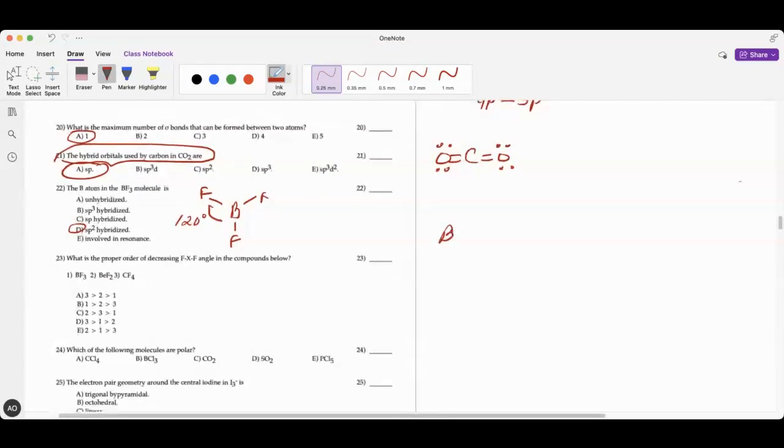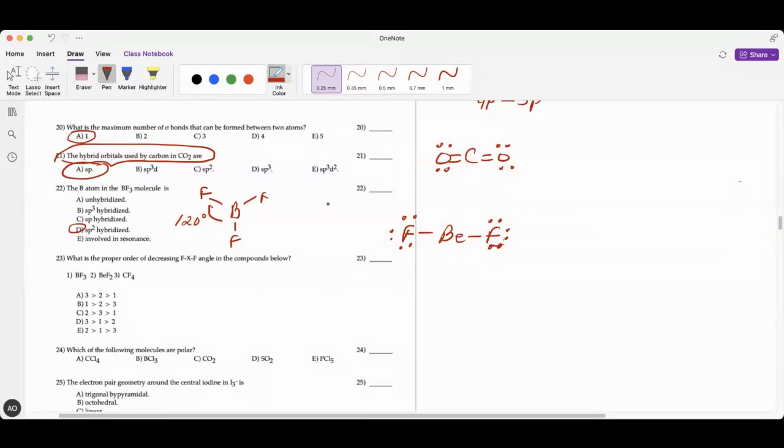We have beryllium and the two fluorines. I'll go ahead and put the electrons. Remember, fluorine only forms one bond. So we put our 16 electrons around this.